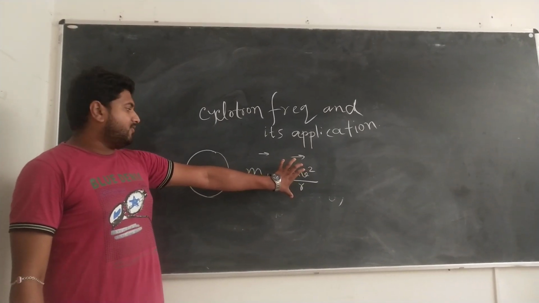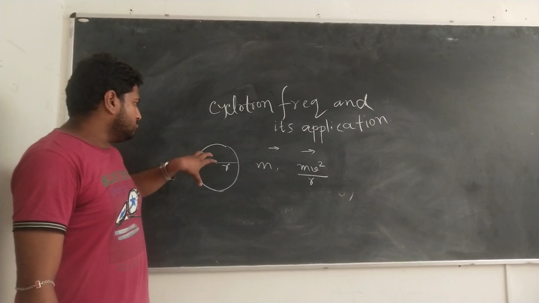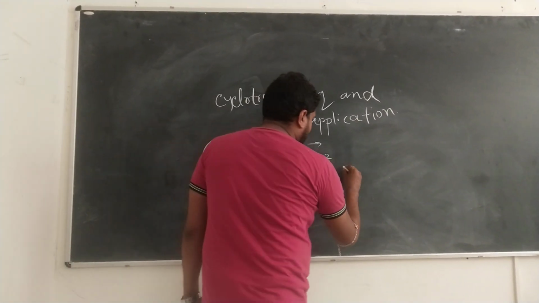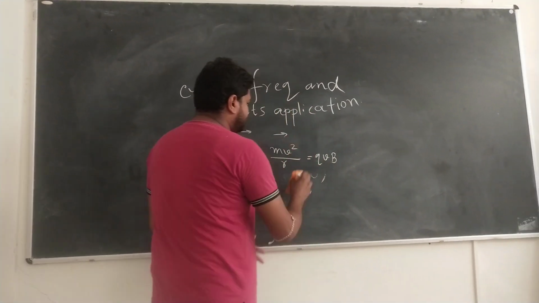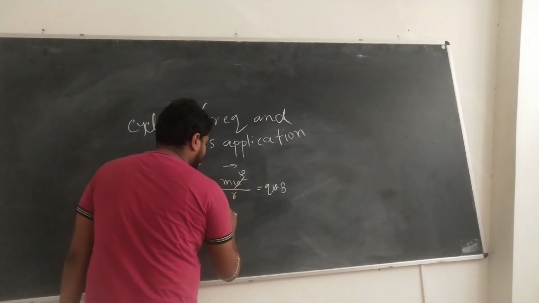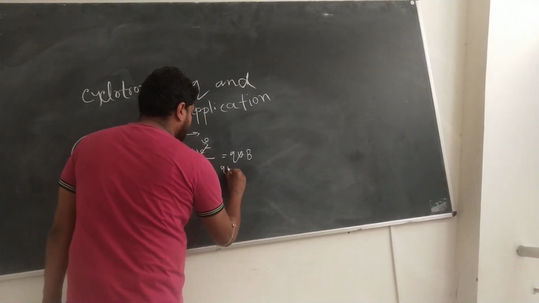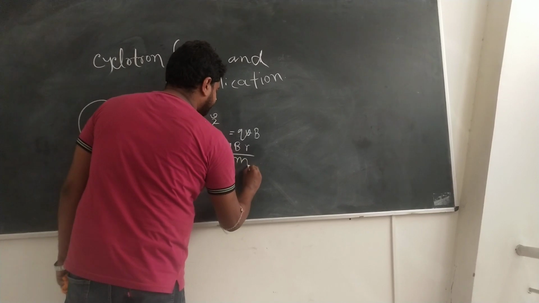This centripetal force is needed for the charged particle to move along this circular path, and this force will be supplied by the Lorentz force. So at equilibrium, these two forces will be the same. So we can calculate v here, that is QBr by m.